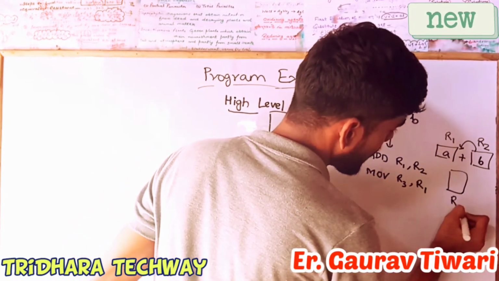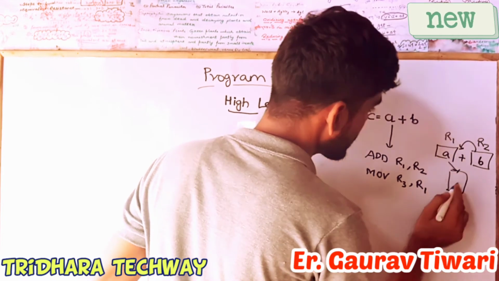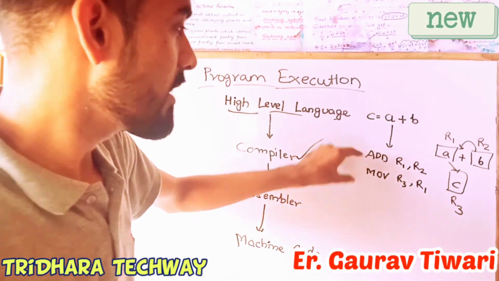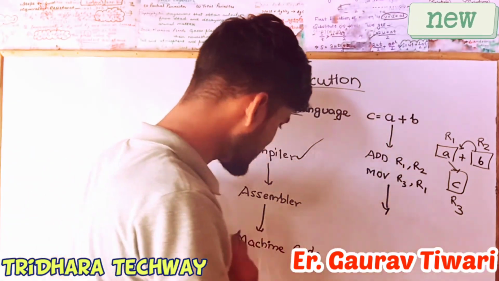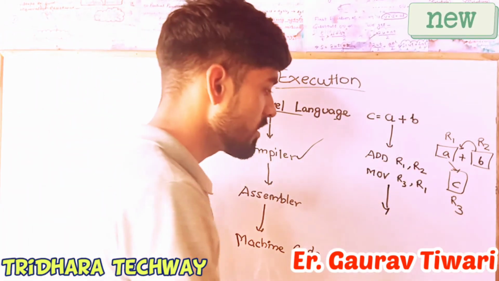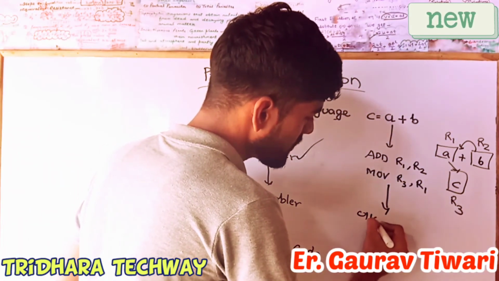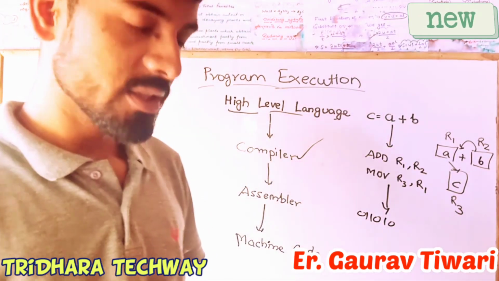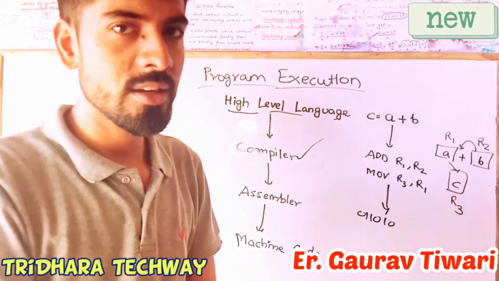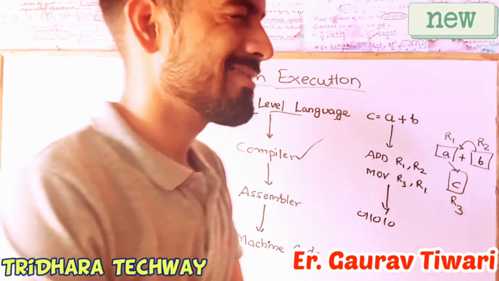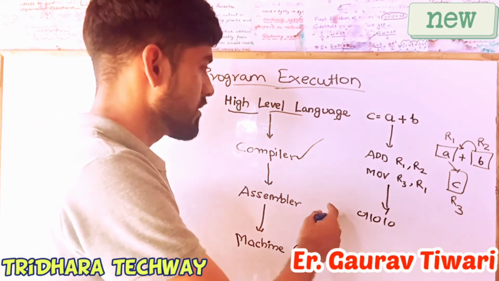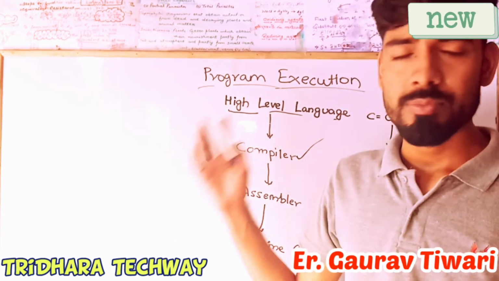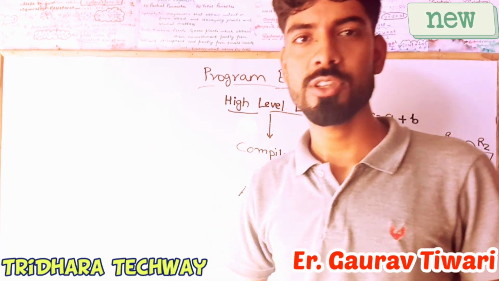There is a register called R3, and we have to move this value in it, because this is C where we have to store the addition of A and B. So this is assembly language, and after this machine code is generated, which will be in terms of zeros and ones, as we have already discussed. This is the whole procedure in which a program gets executed in your computer, laptop and desktop. I hope you have got the basic knowledge of programming languages and their execution.